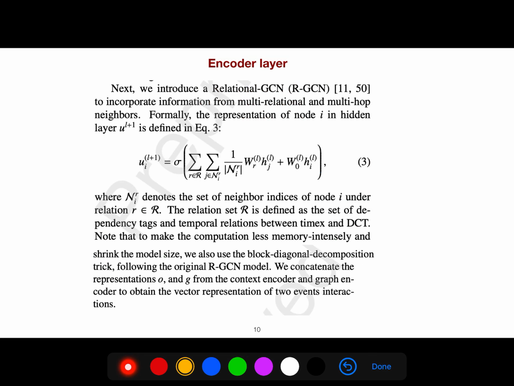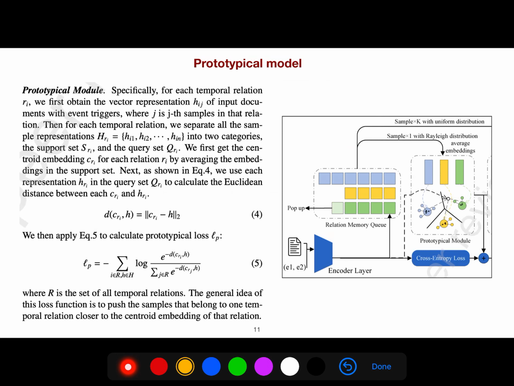Then we introduce a relational graph convolutional network, RGCN, which incorporates information from multi-relational and multi-hop neighbors. And the representation of node i in its hidden layer is this. And there's the prototypical module. For each temporal relation, we first obtain a vector representation of the input document with event triggers, where j is the j-th sample in the relation.